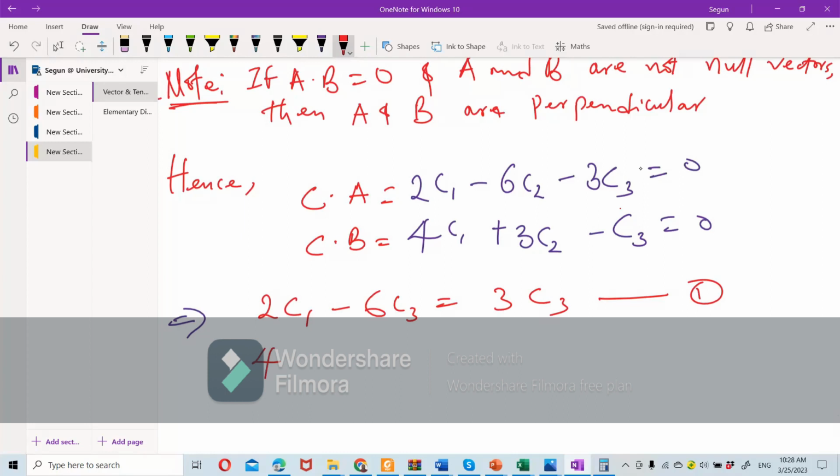Then the second one, 4C1 plus 3C2 equals C3. I can call this one equation 2. Any question? Solving equation 1 and equation 2 simultaneously. Sorry, sir, that's 2C1 minus 6C2, it's supposed to be C2. Thank you, sir.